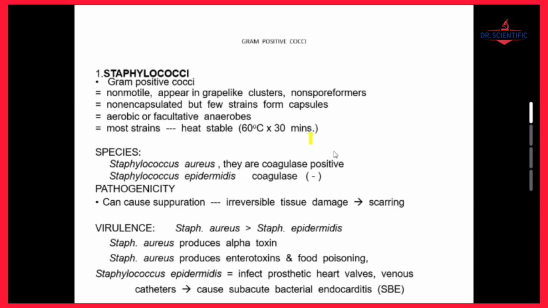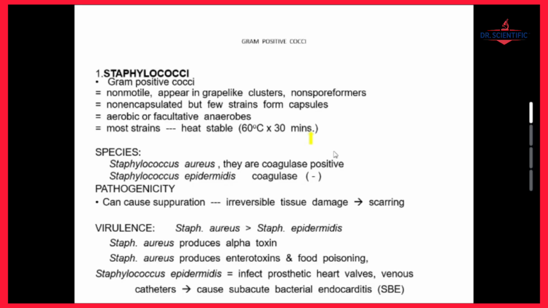It means they are able to clump, to react and agglutinate what we call plasma. Another species of medical importance is Staphylococcus epidermidis, which is coagulase negative. If we want to differentiate between the two species, both of them are cocci, round shaped, both of them are gram positive, they stain blue.